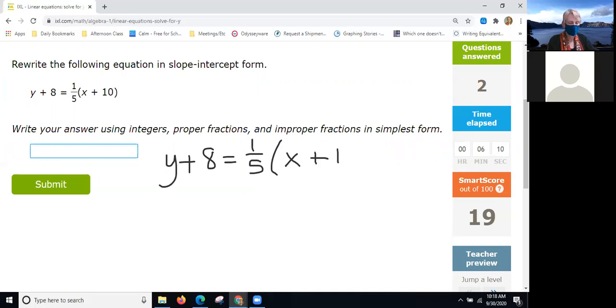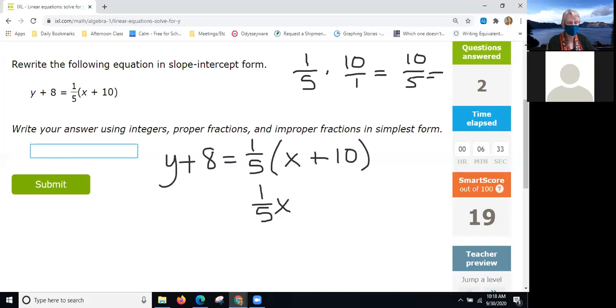And if it's multiplied times a variable, you're just going to write the fraction next to the variable. That's it. Now, the 10 times 1/5 is the same thing as saying 10 divided by 5. So 1/5 times 10, it's like 10 over 1. This is 10 over 5, which is 2.